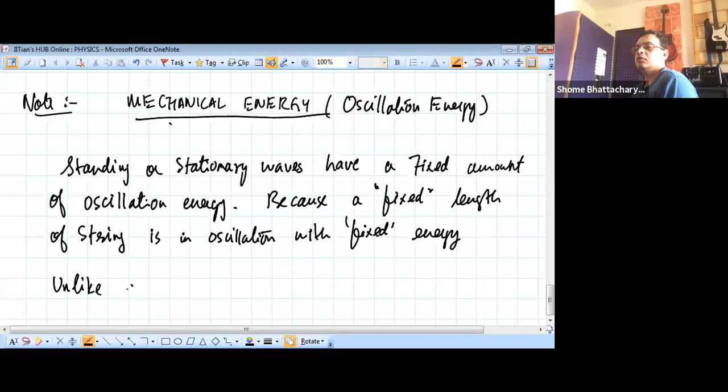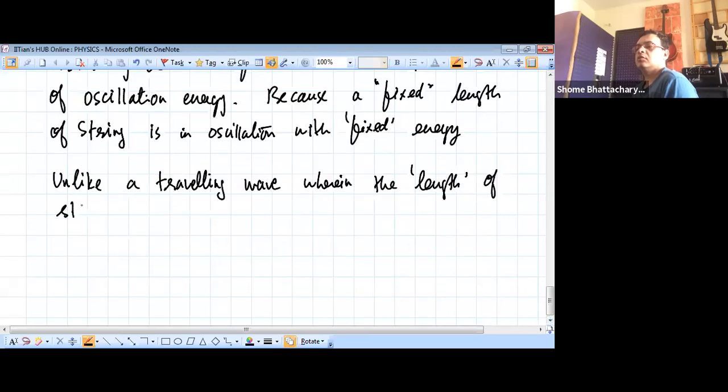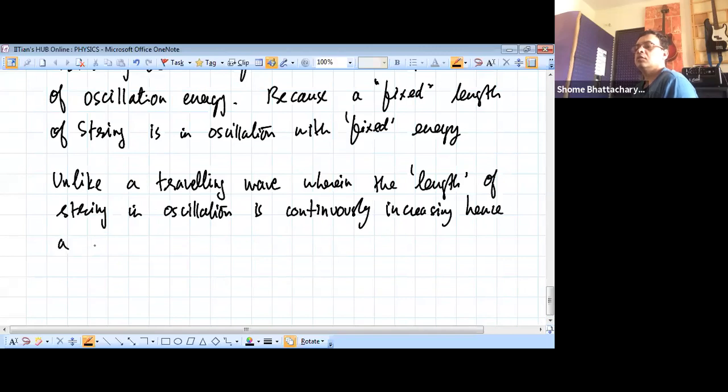Unlike a traveling wave, wherein the length of string vibrating is continuously increasing, hence a fixed power is being transmitted.